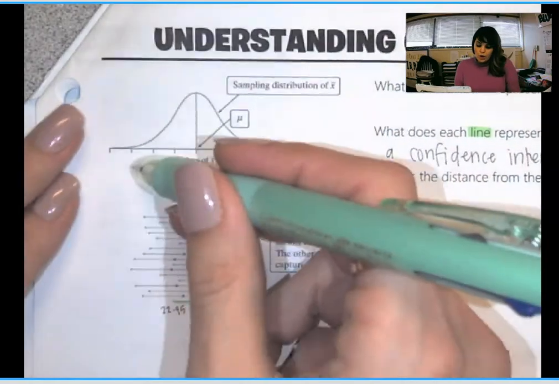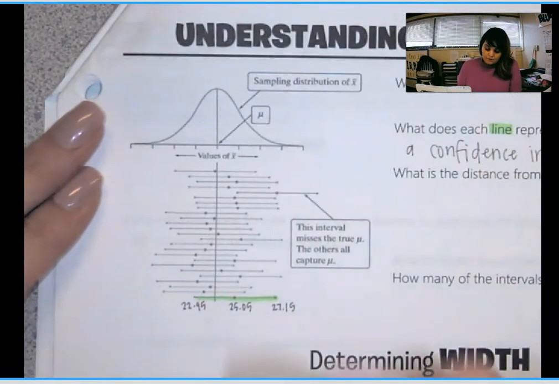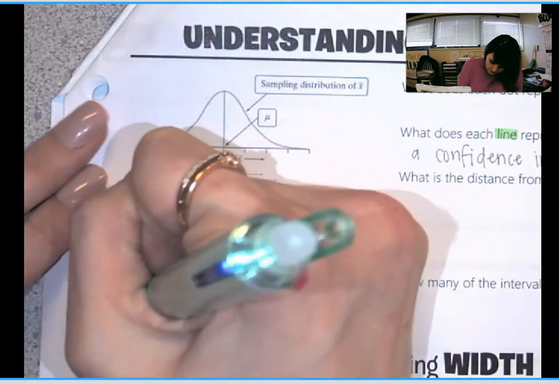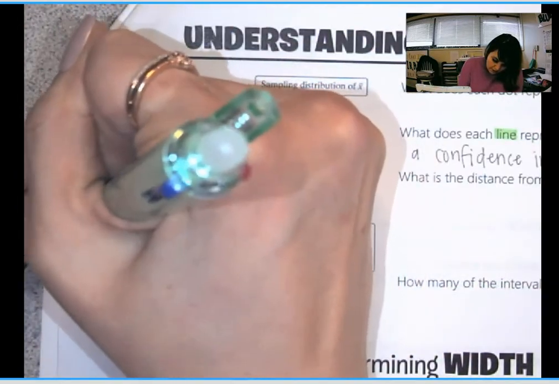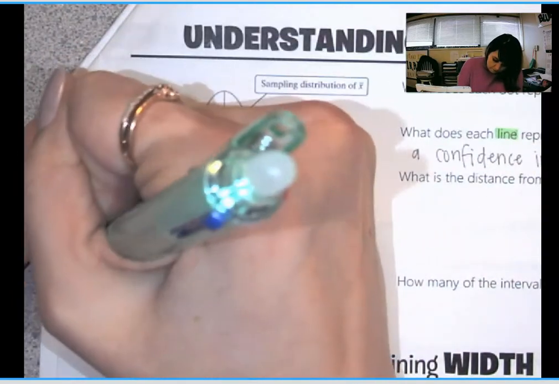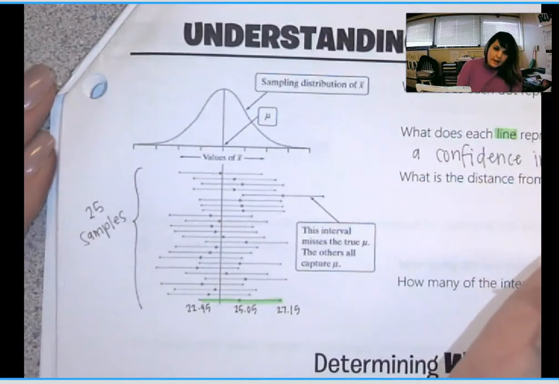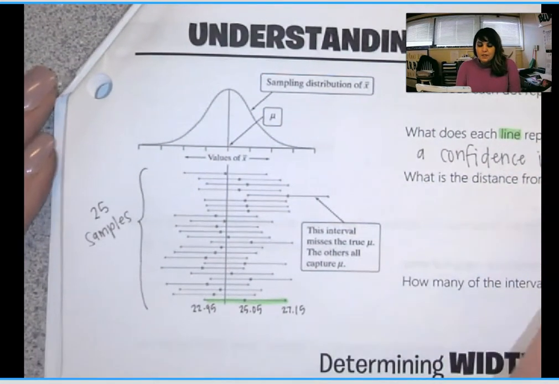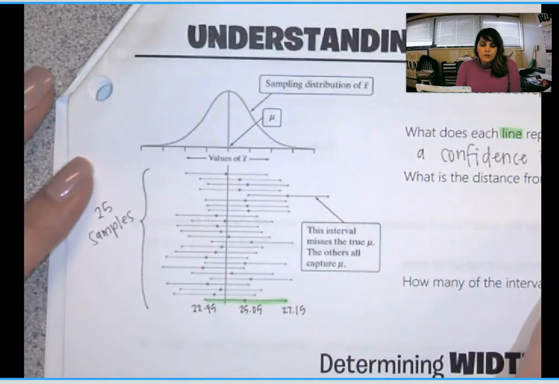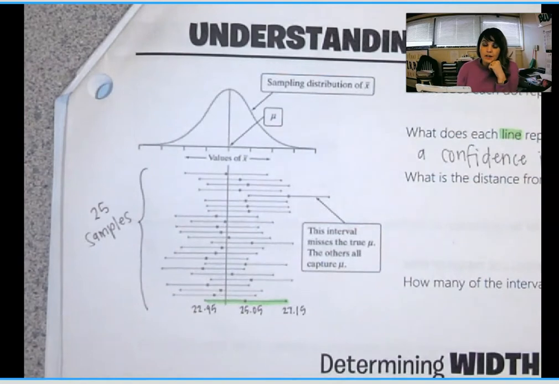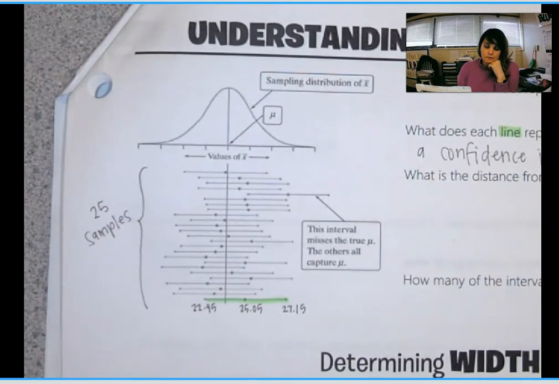There are 25 confidence intervals, which means that what is here is 25 samples. For our specific ACT problem, this would be 25 samples of N equals 20 college freshmen taking calculus.